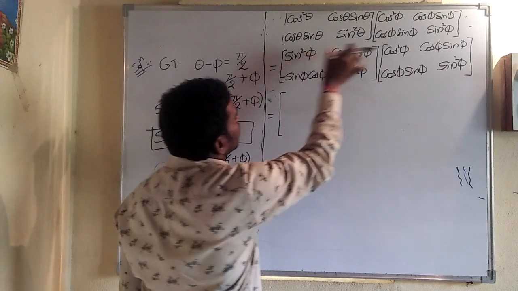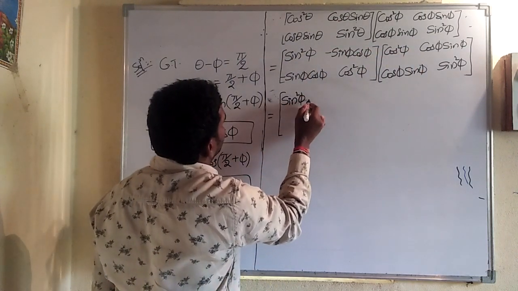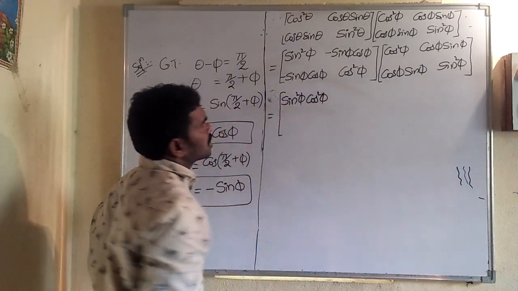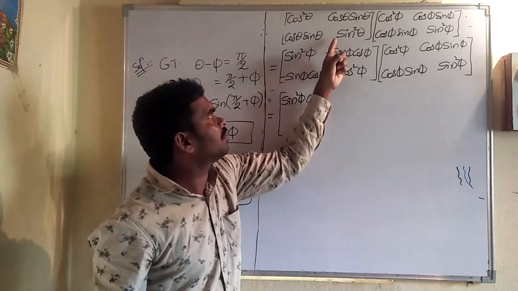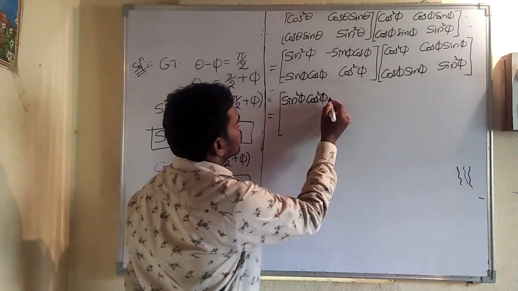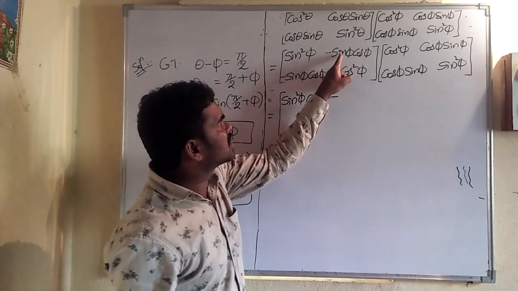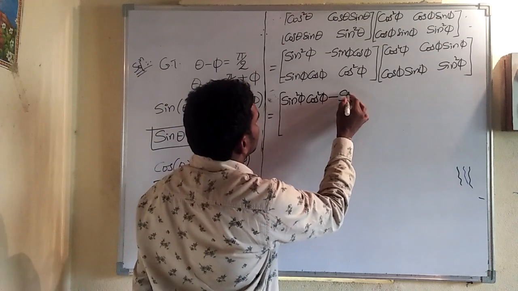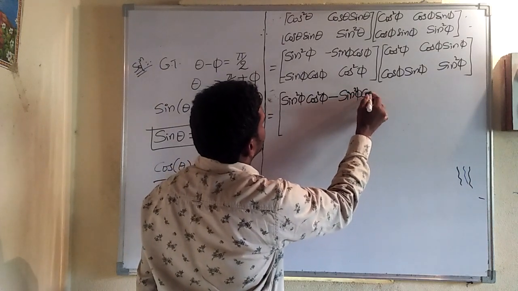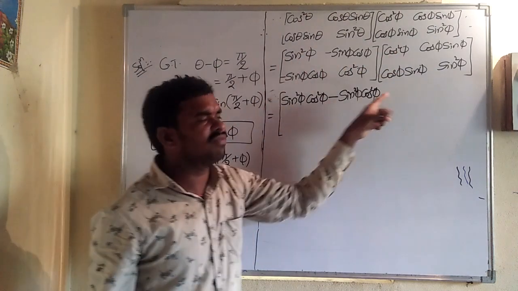Sin square into cos square. Next, minus sin phi cos phi into cos phi sin phi. Minus into plus, minus sin phi cos phi into cos phi sin phi. Sin into sin, sin square; cos into cos, cos square. So again we get sin square phi cos square phi. That's it. First row with first column, finish.